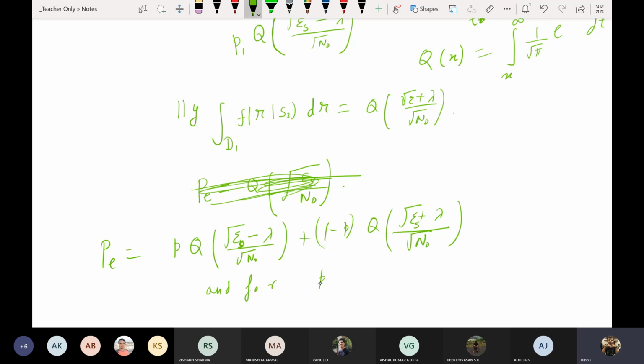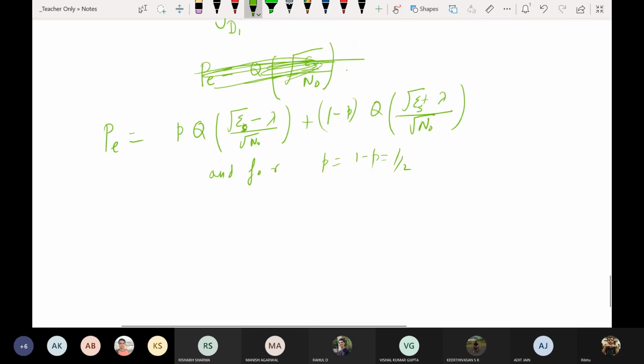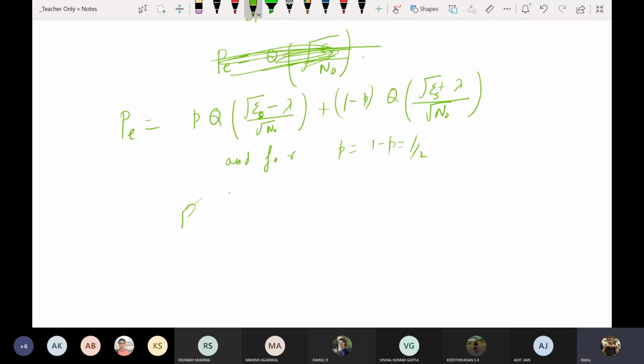For p equals half, Pe equals Q of root Es by n naught. Right? This was the correct expression.